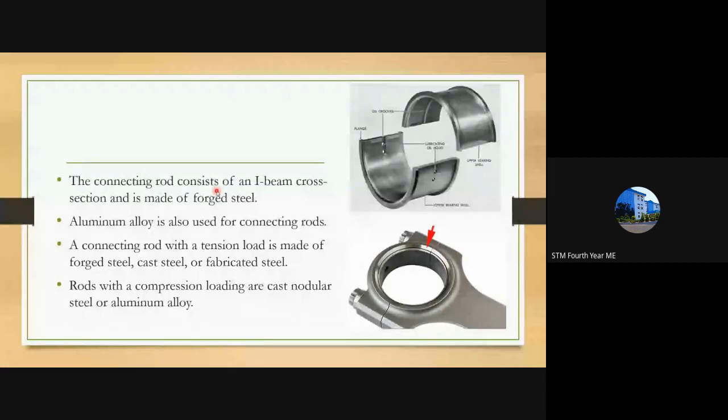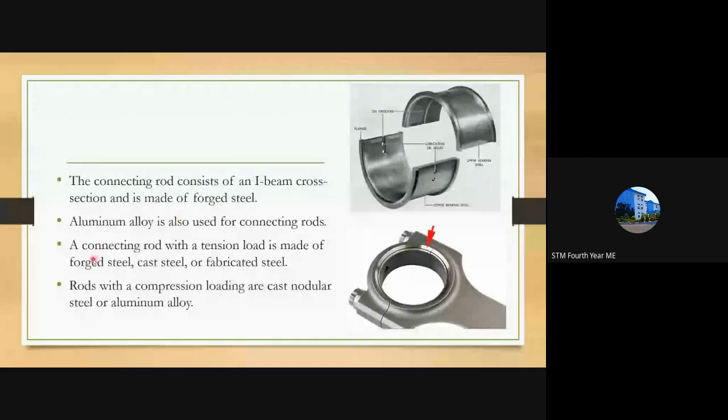This is why forged steel and aluminum alloys are used for connecting rod material. You can see here also the bearing that is seated inside the connecting rod big end. Also, holes are provided in the bearings so that oil can flow easily through the bearings and the big end.